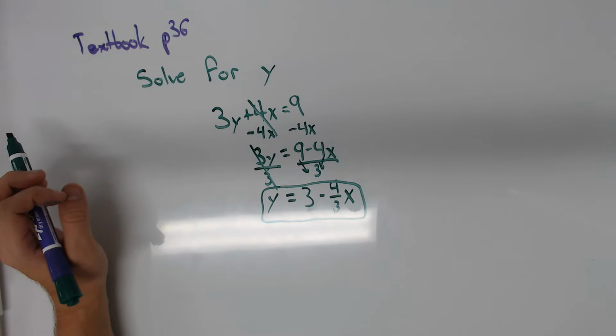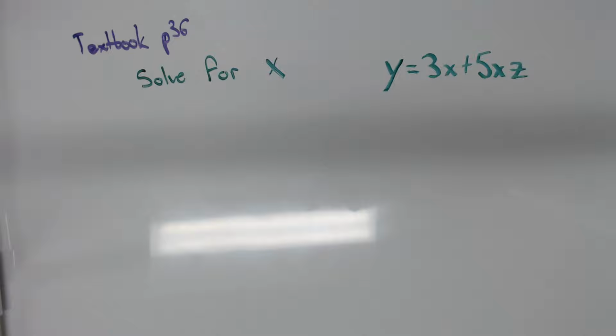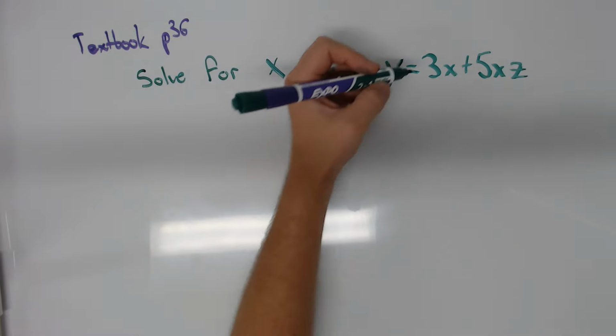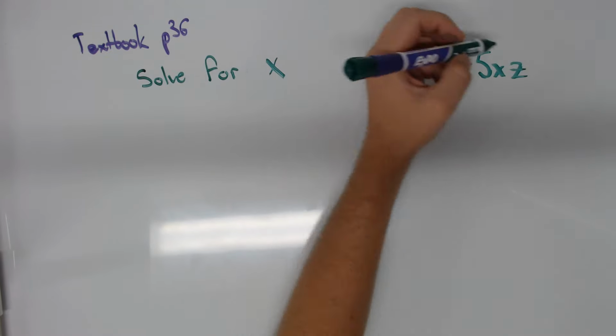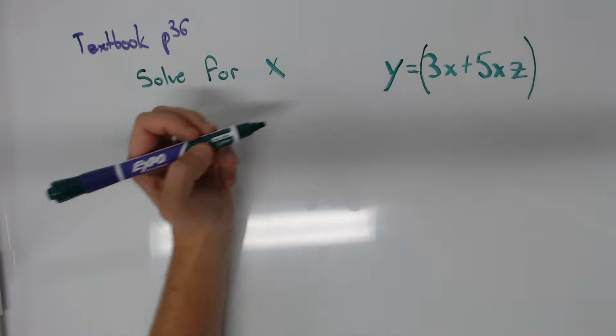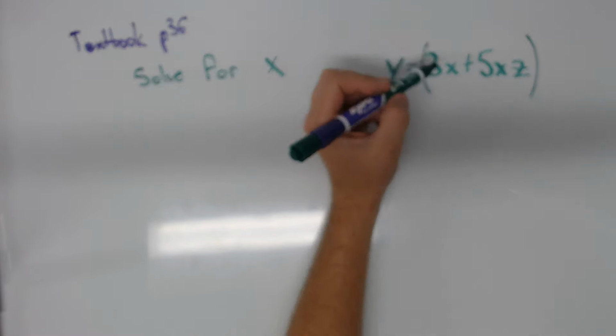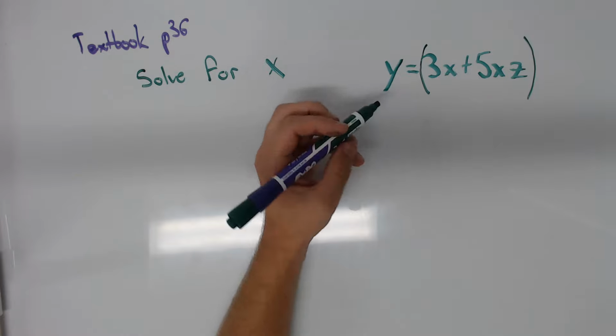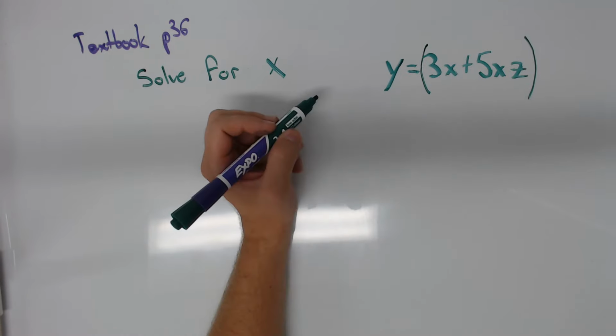Right, let's do another. This problem poses a new challenge for us because there's more than one x. Now this is a skill we'll work on later in the year as well, but what I want you to do is think of this side as though it's in parentheses, and think backwards distributive property.